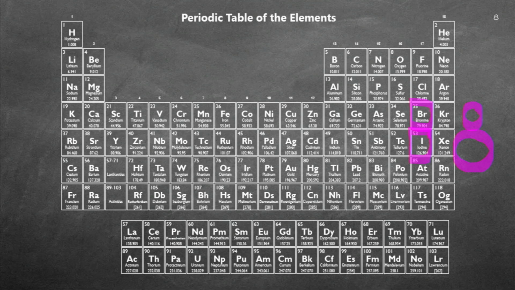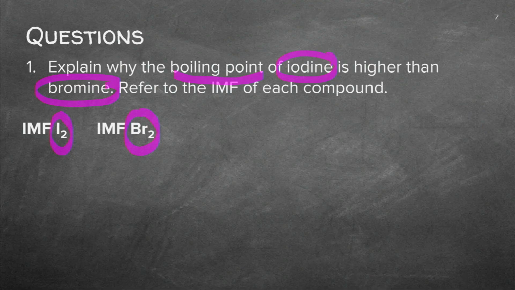And that gives you the clue. Bromine will have a smaller molecular mass, and iodine will have a greater molecular mass. Depending on the marks, if they say 1 mark, this will be sufficient. If they say 3, they would like you to expand on your answer.